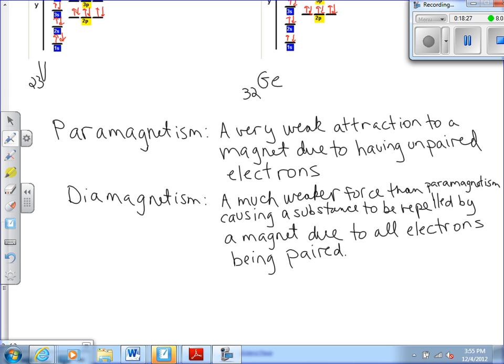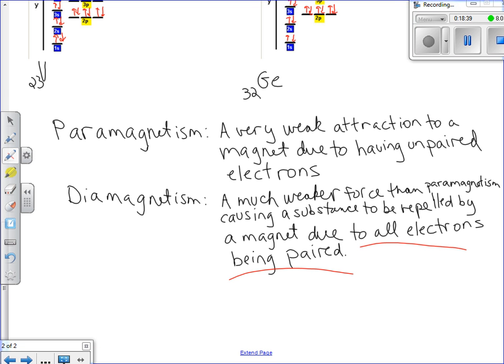Diamagnetism, it's much weaker than paramagnetism, and it causes a substance to be repelled by a magnet. And anything that is diamagnetic has all of its electrons paired. All the electrons are paired. Paramagnetism, you have to have at least 1 unpaired electron. So the key is whether all the electrons are paired or if there are any unpaired electrons.